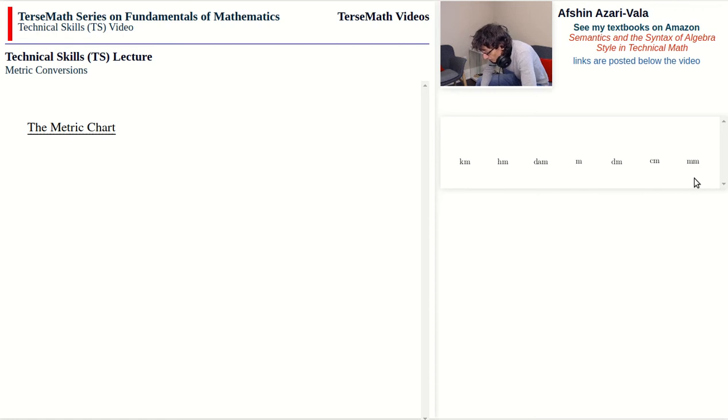1,000th of a meter. Now, I should also mention that this is not all that we have. In fact, the list of prefixes is a long one. The kilo, hecto, deca, unit, deci, centi, and milli, these ones are extended.